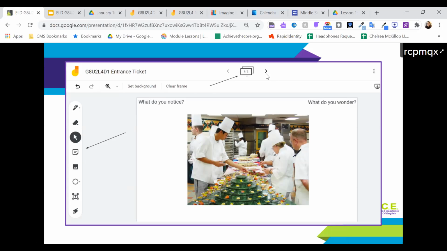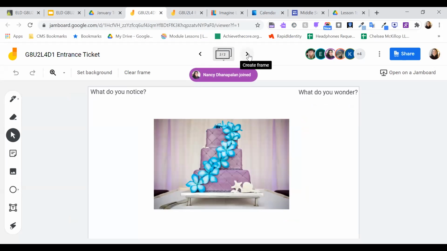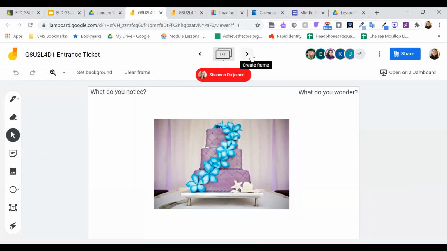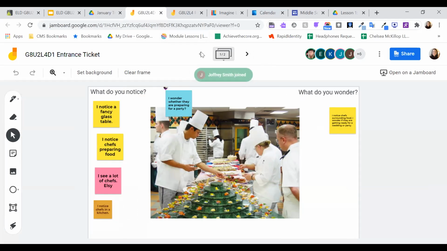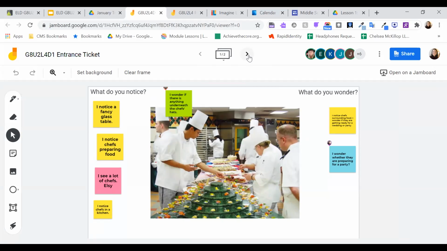We're going to give you a minute to tell us one thing you notice and one thing you wonder about each picture. And feel free, you don't need to go in order. You can start on either picture.